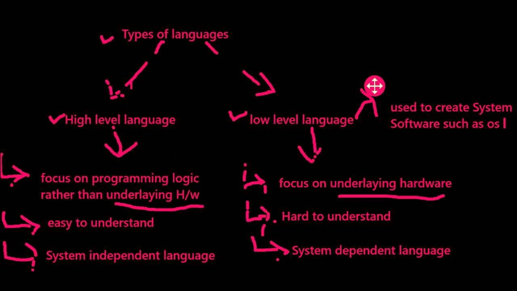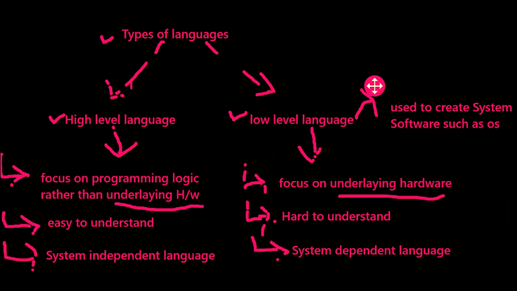So there are two types of languages, high level language and low level language. High level language is a machine independent language which mainly focuses on programming logic rather than underlying hardware. Since it does not focus on underlying hardware, it is easy to understand and it is system independent.